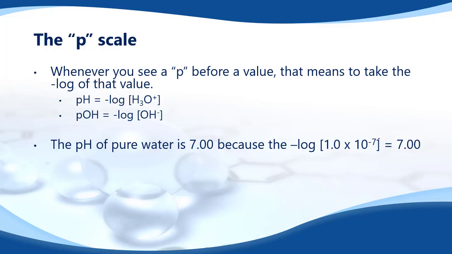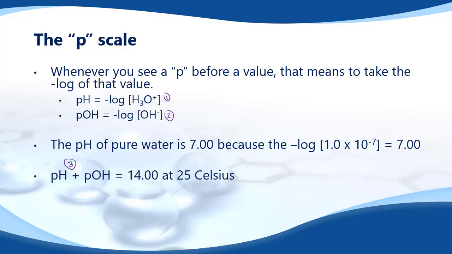Now, an important relationship that we're going to need. So I'm going to call this equation 1. I'm going to call pOH equation 2. Here's equation 3. If you add up pH and pOH for the same solution, they'll always add up to 14. So if my pH is 10, my pOH will be 4.